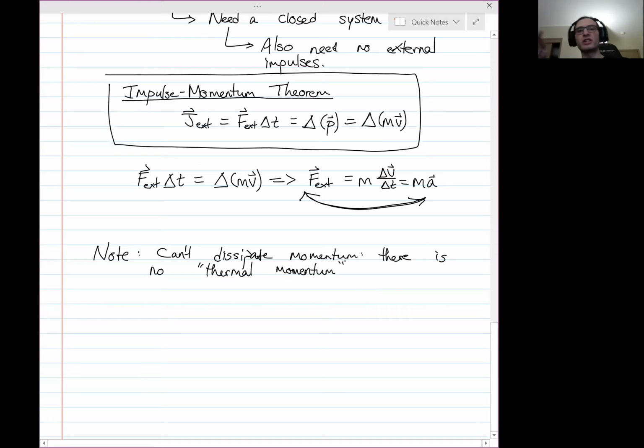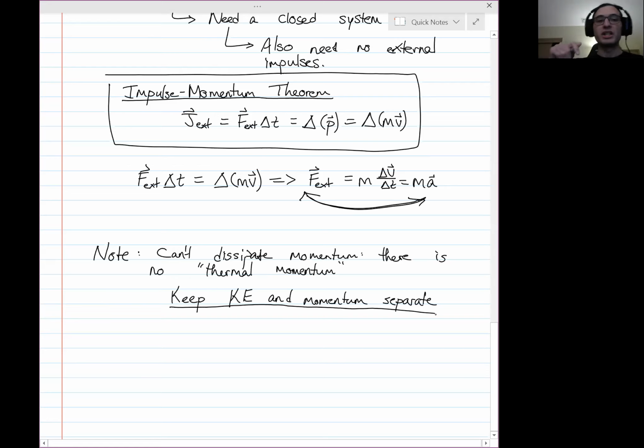So you should take very, very special care to keep kinetic energy and momentum separate. They are separate things. Kinetic energy can be dissipated to thermal energy, momentum cannot. So keep them separate so that you can make sure that you're applying the right principles in the right places.